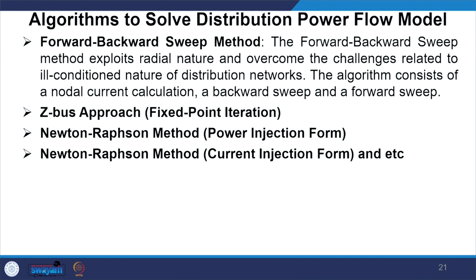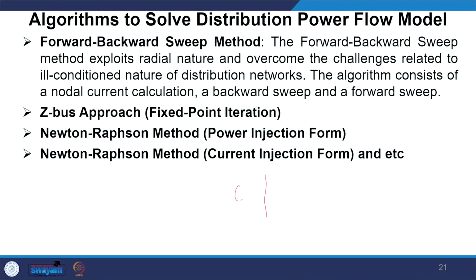Now, there are different algorithms available to solve distribution power flow models, and the major and popular ones are the forward backward sweep method, the Z-bus approach, that is fixed point iterations, and then Newton-Raphson power injection form and Newton-Raphson current injection form.